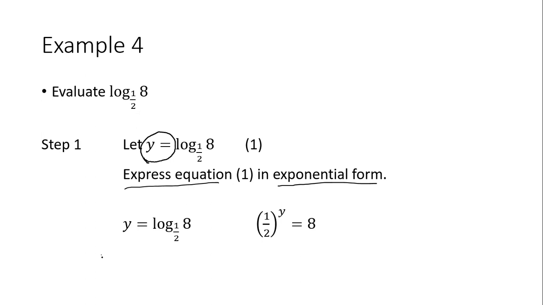So b will be 1/2, your x is equal to 8, and then your y is still missing. Once po na sinulat natin siya into exponential form, there will be a format b raised to y is equal to x. So your b is 1/2 as you can see here, y as the exponent, and then 8 as written on the other side of the equation. Okay, so this is very important.